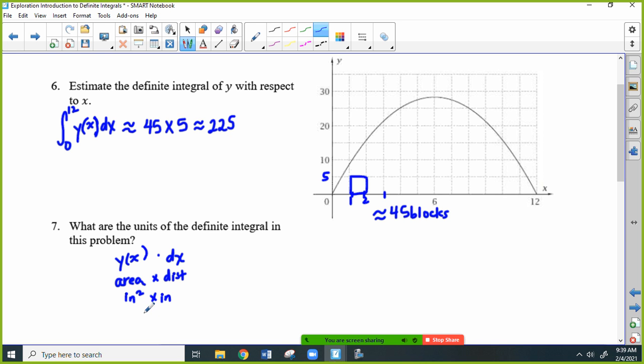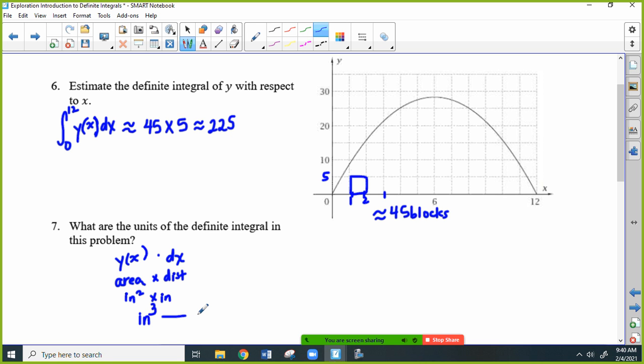Yes, inches cubed, okay? Nothing cancels because none of these are fractions, right? So inches squared times another inches is inches cubed. Well, what would something cubic typically represent? Yes, Will. Three-dimensional, right.